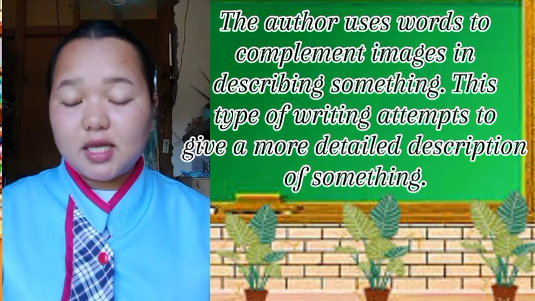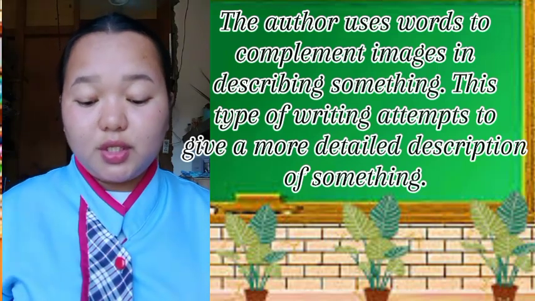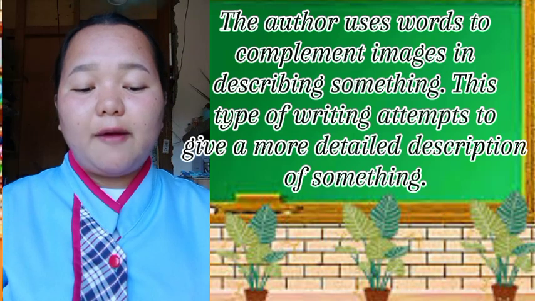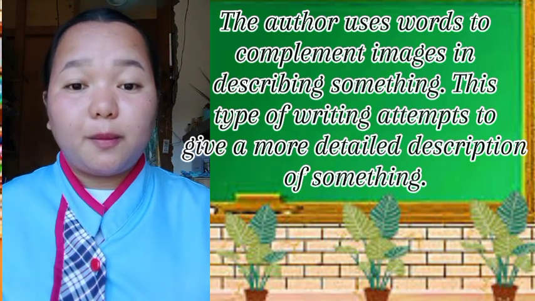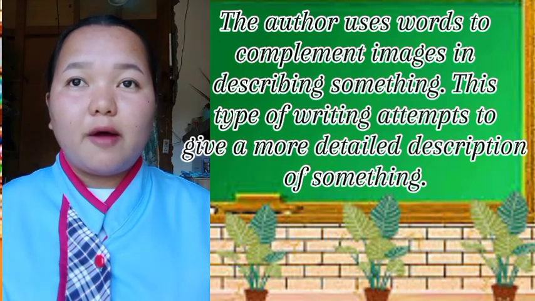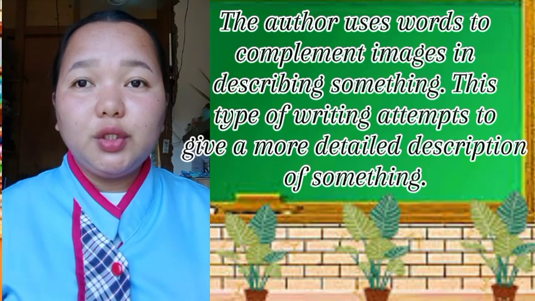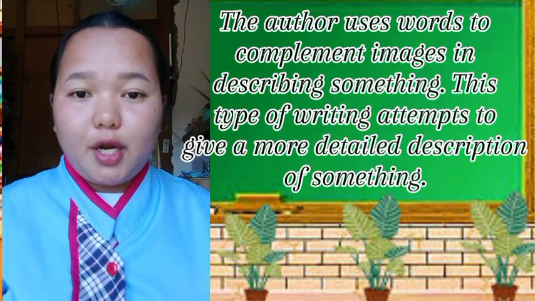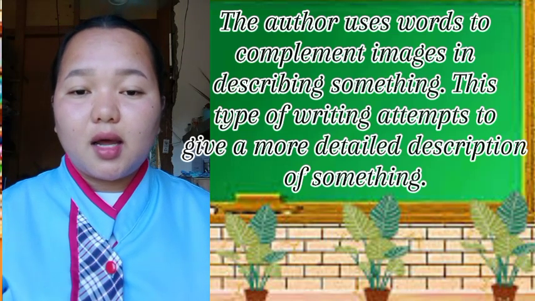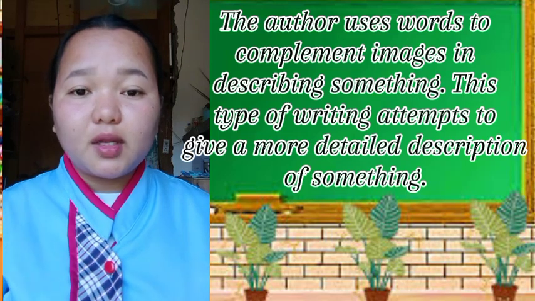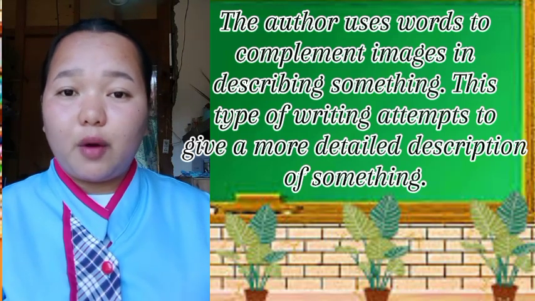Here in the last author's purpose, which is to describe, the author uses words to complement images. For example, when you want to describe a flower, you will not just present a flower.